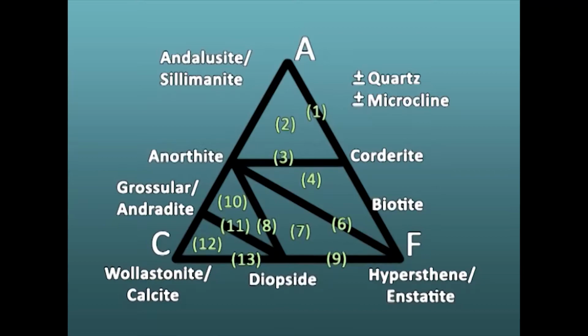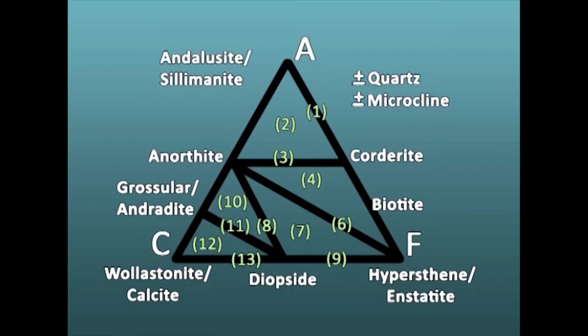On the ACF diagram, the observed mineral phases in the different rocks, with the exception of quartz, albite and orthoclase, are plotted using their chemical formula. The chemical formula is based on molecular proportion, so it is possible to divide the three-component diagram into triangular fields such that only rocks whose chemical composition falls within a given triangle will be found to consist of the three mineral phases located at the apices of that triangle.